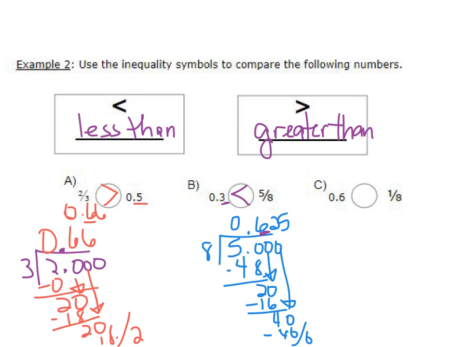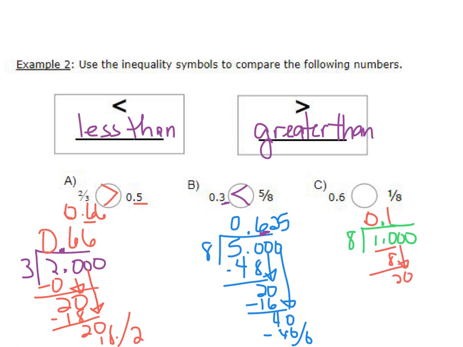And the last one, we're going to go ahead and divide. So it's 6/10 compared to 1/8. I'm going to divide 1 by 8, add my decimals and 0. 8 into 1 is 0 times. 8 into 10 is 1 time, which is 8. Remainder is 2.